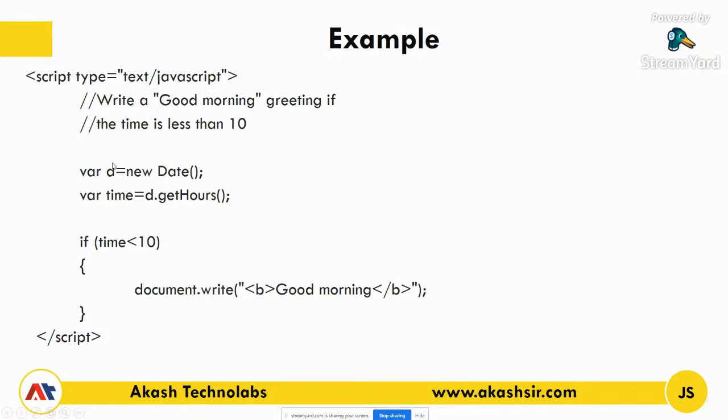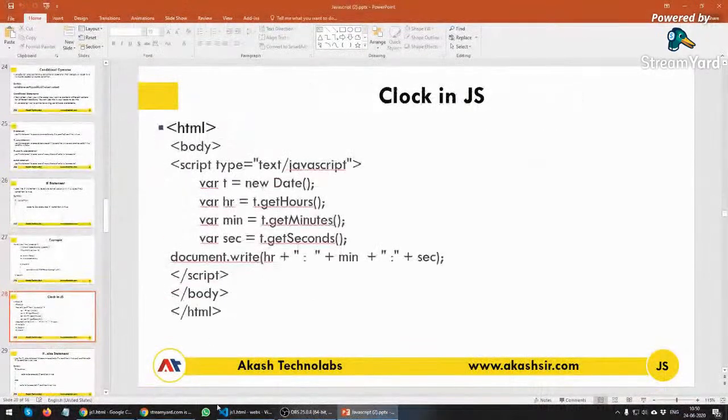You can see d equals new date, and I want to get the number of hours. With the help of the date object we can get hours, right? The current hours is whatever. Let's say if hours is less than 10, we will print hey good morning, right? So let me perform this code.